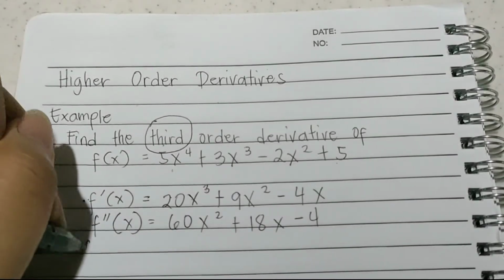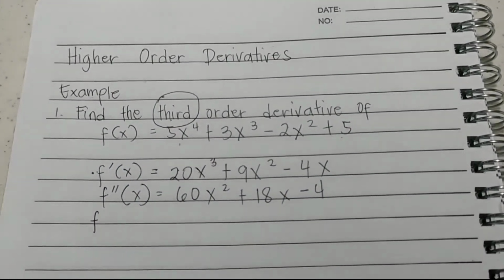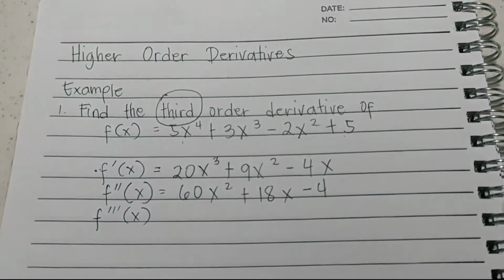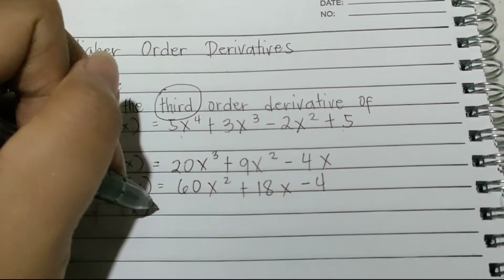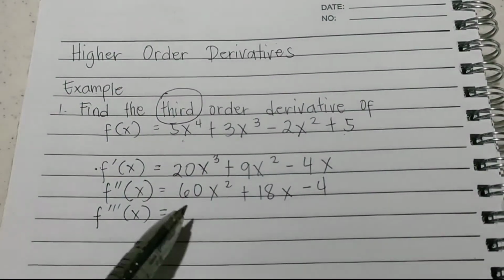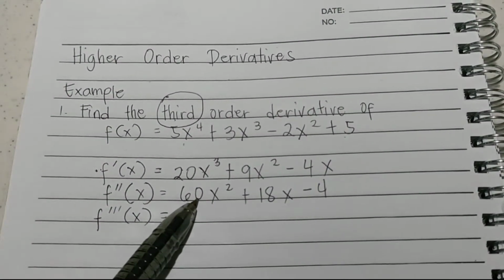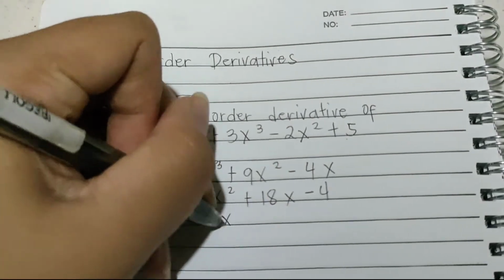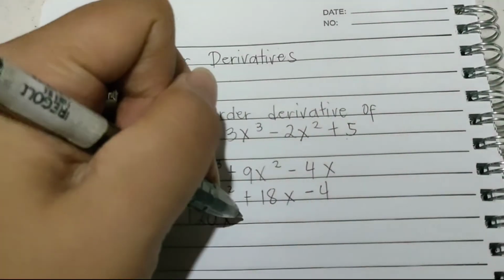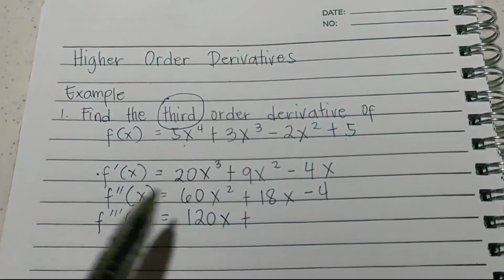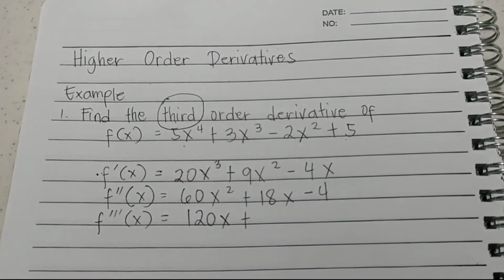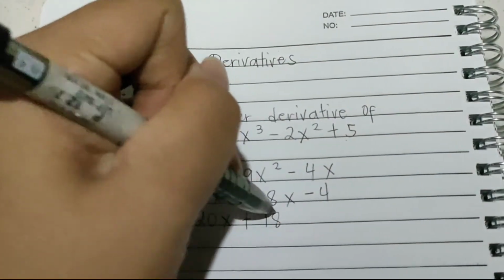Next, last one is the third order derivative or the f prime prime prime of x. So, yan yung ating third order. So, it means, kukunin naman natin yung derivative nito ulit. 60x squared, ang derivative na yan ay 120x plus derivative ni 18x is 18.